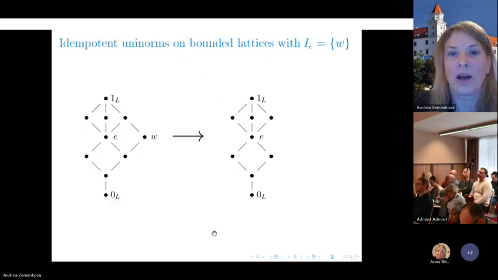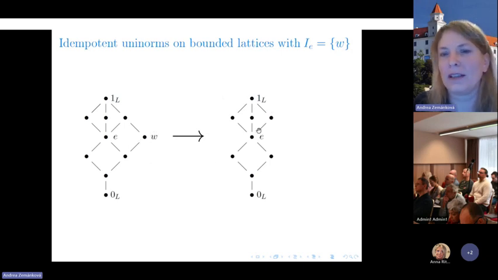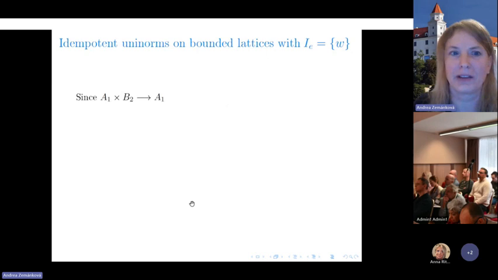But luckily, we can observe that if we omit this point W from our lattice, we will obtain a lattice where all points are comparable with the neutral element. And although this set need not be closed under our uninorm, still we can use our inc function on this lattice only to determine the set of tangled points, because also here it works similarly.